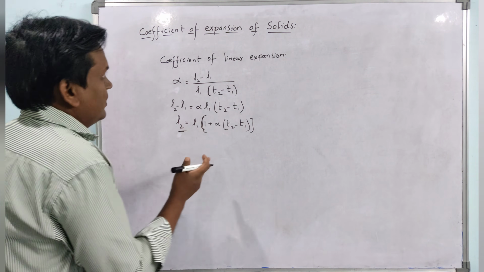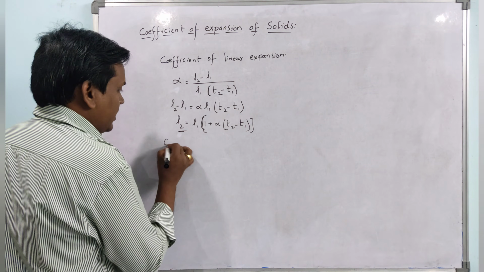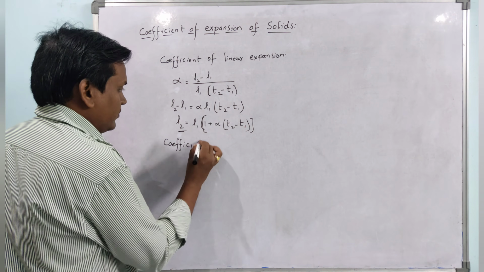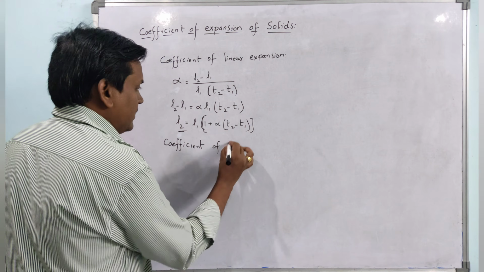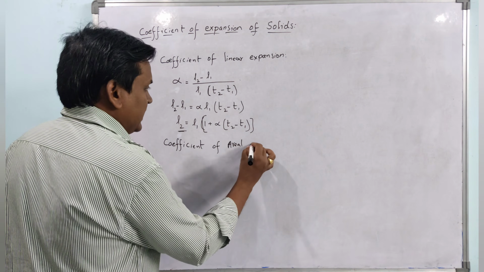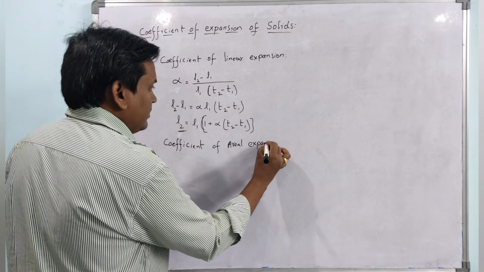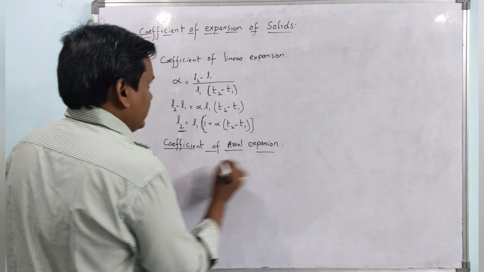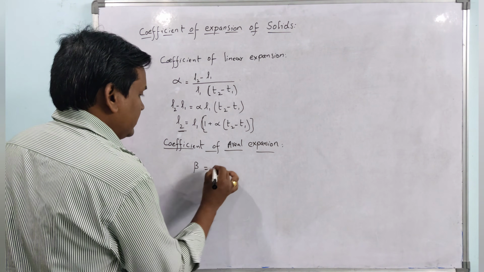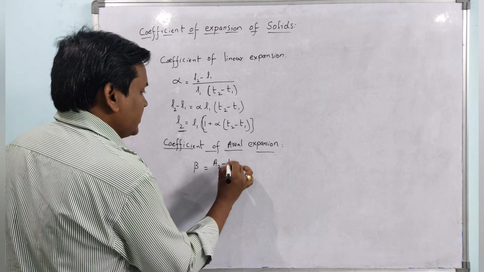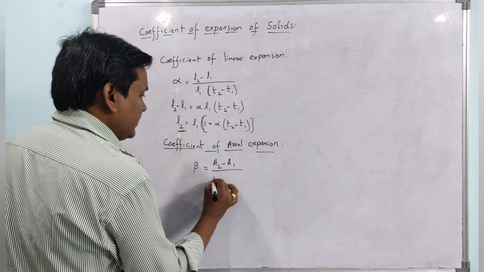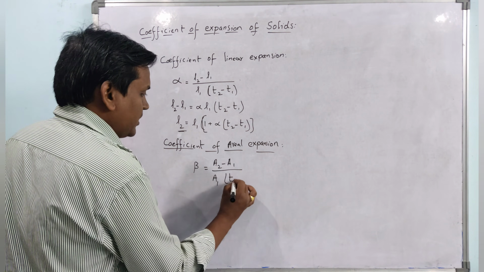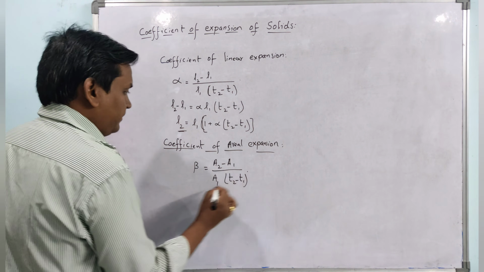In the same way, for the coefficient of areal expansion, beta equal to change in area A2 minus A1 by initial area A1 into T2 minus T1.